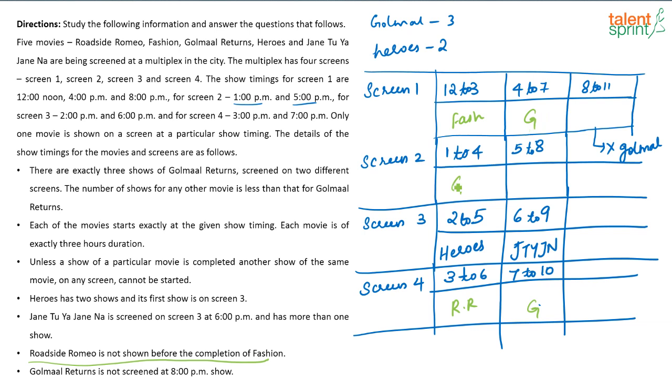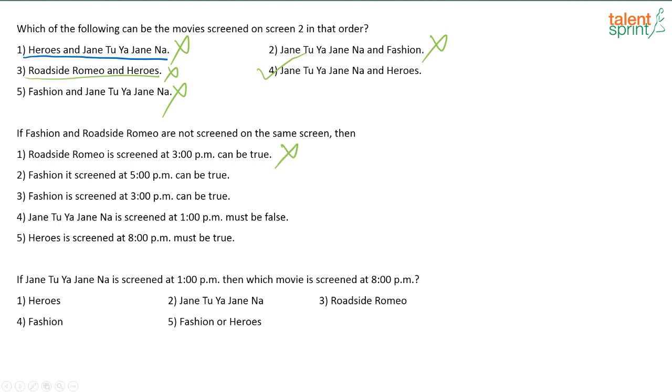Again Golmaal, this is the only place where I can keep Golmaal. Can I keep Golmaal like this? I cannot, because it is very clearly given Golmaal is screened only in 2 different screens. The way I am doing it here, Golmaal has to be screened in 3 different screens so that there is no overlapping, which is not possible. So this option is wrong.